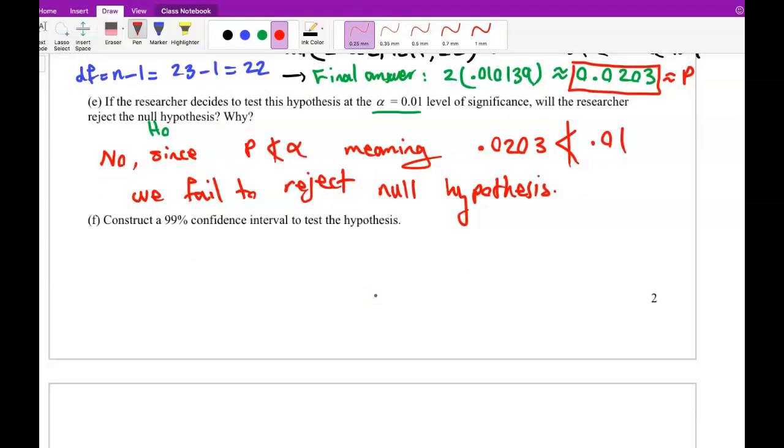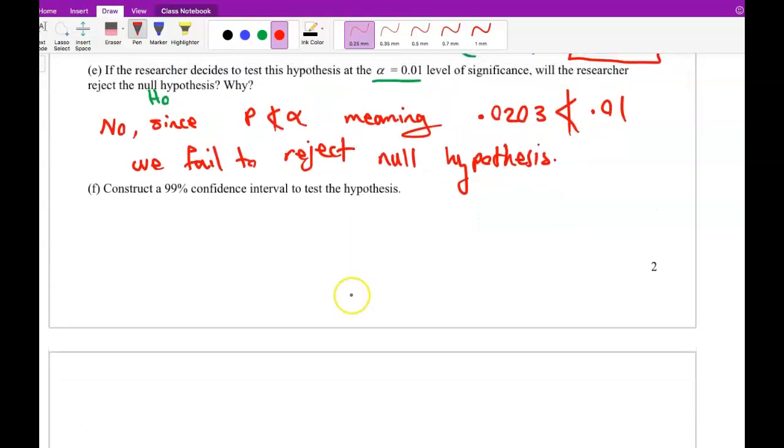Now part F. Construct a 99% confidence interval to test the hypothesis. We did this part before, so exactly the same rule, same steps. Here we have 99%, so finding alpha first: 1 minus 99% is equal to 1%.